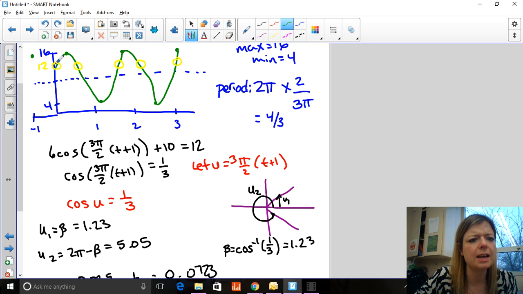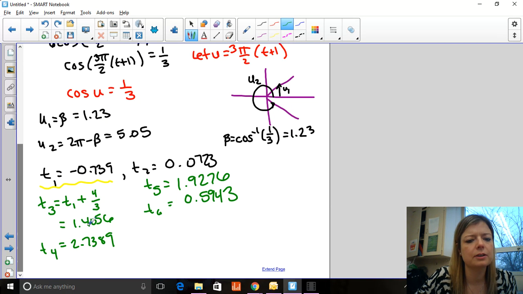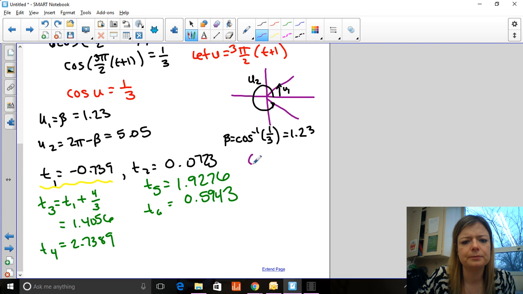So you can see I am above 12 between this first value and this second value when they go in order. So my first solution here then would be between that first value, which is 0.07. See, that's the smallest value.